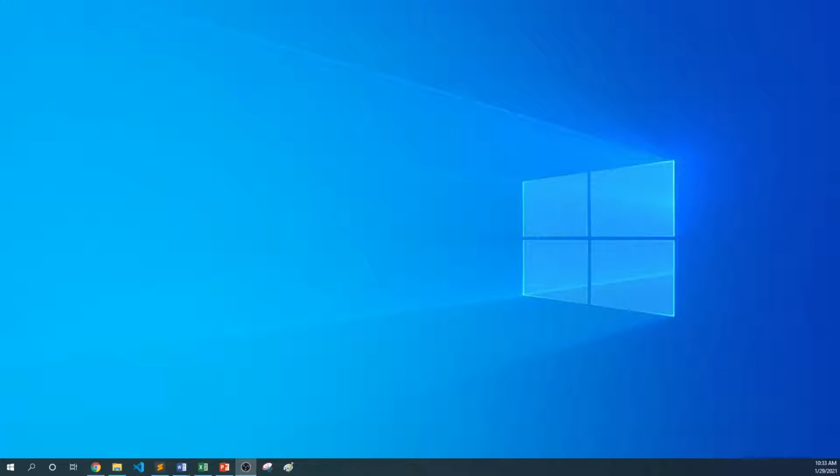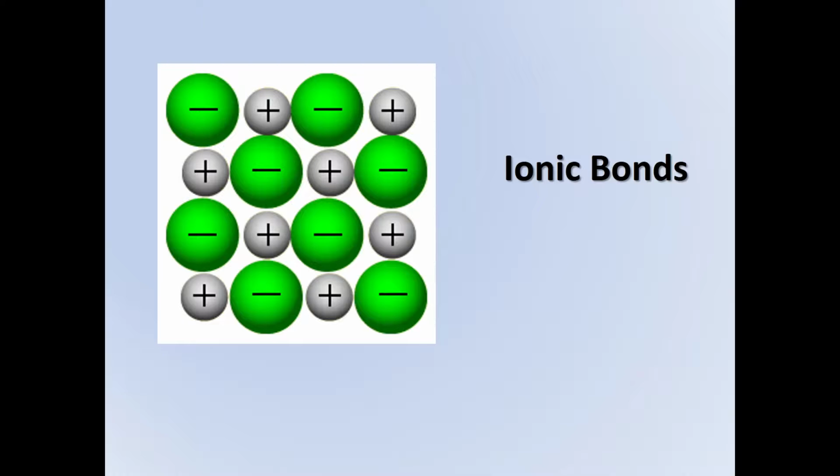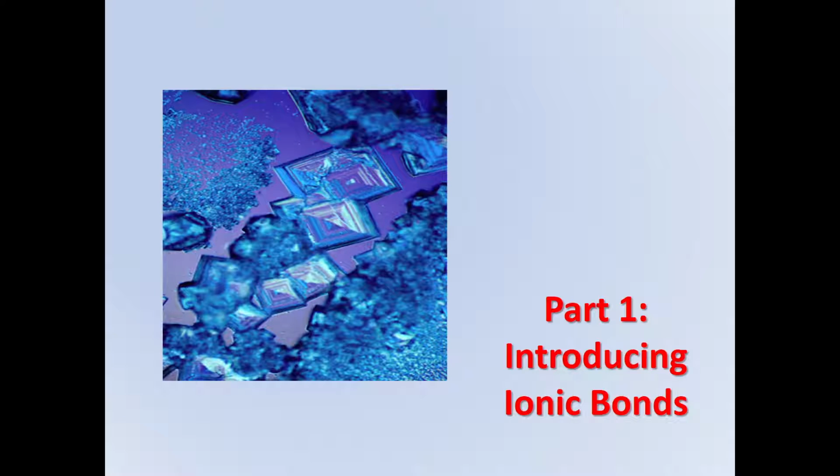We're learning about ionic bonding. So, ionic bonding. What is an ionic bond? How do elements bond ionically? How will they react?